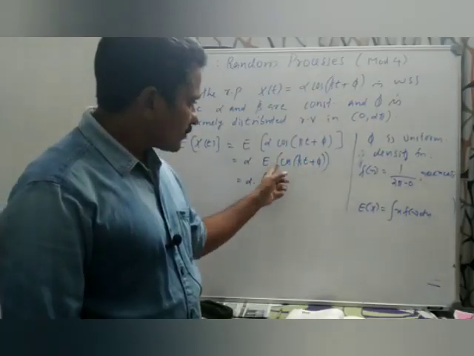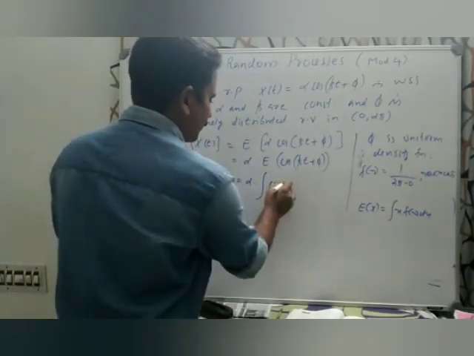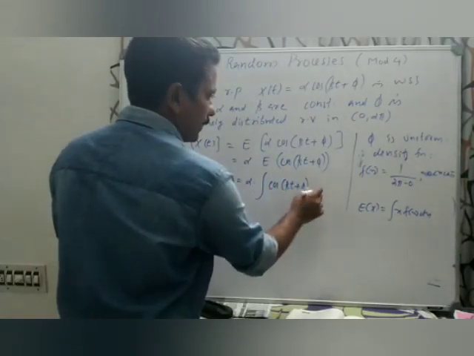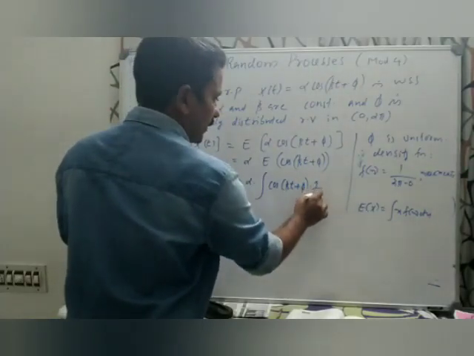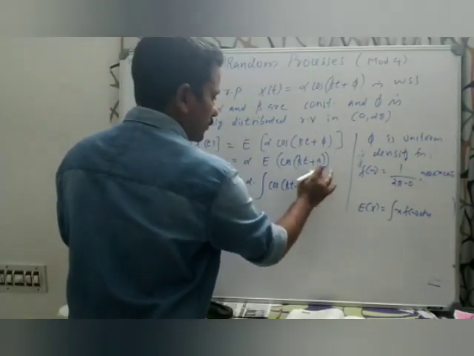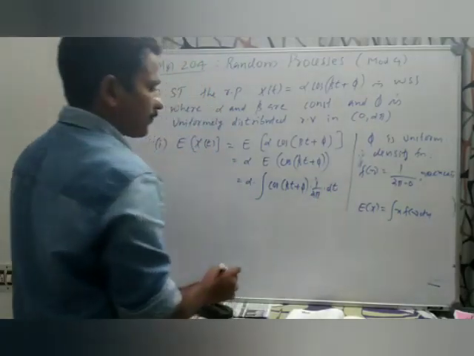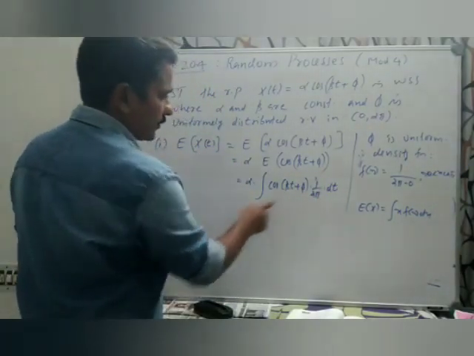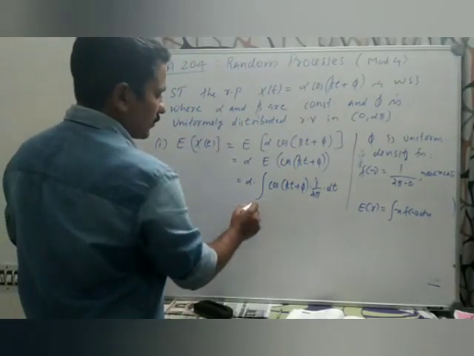So it's enough to substitute the complete formula here. So it's cosine of beta t plus phi times its density function. The density function of phi is 1 by 2 pi times dt. Okay, you have to integrate that with respect to the variable from 0 to 2 pi.